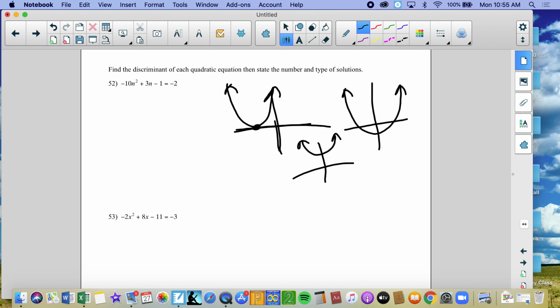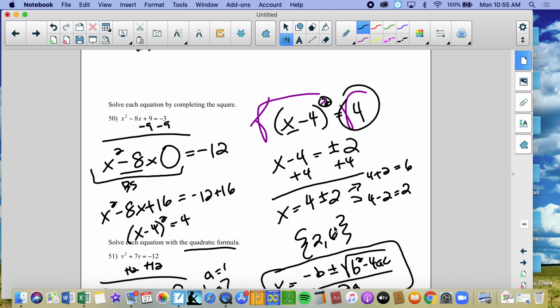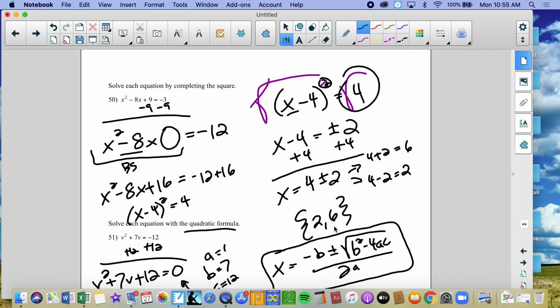So there are 3 different ways. There are 6 different ways, it can go in the other direction also. But you have intercepts. You have one x-intercept. You have 2 x-intercepts. And you have no x-intercepts.